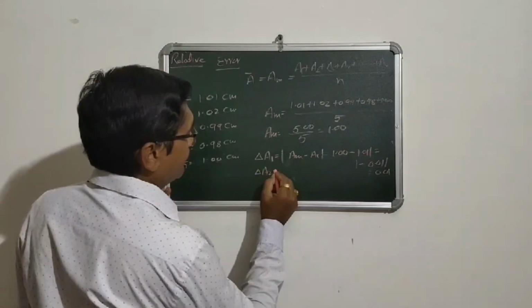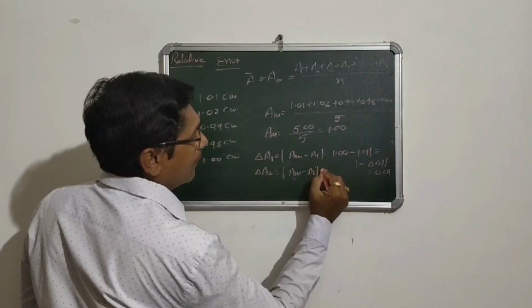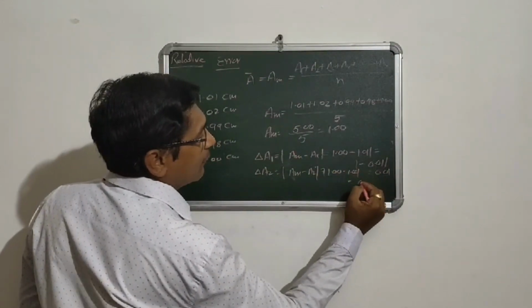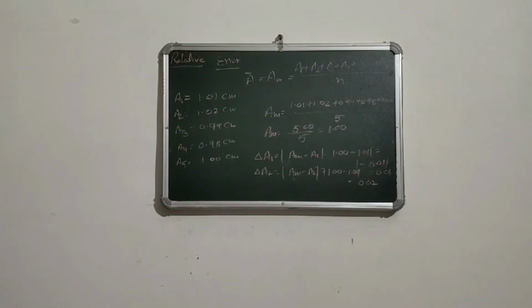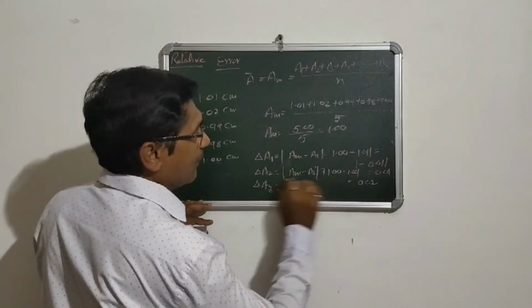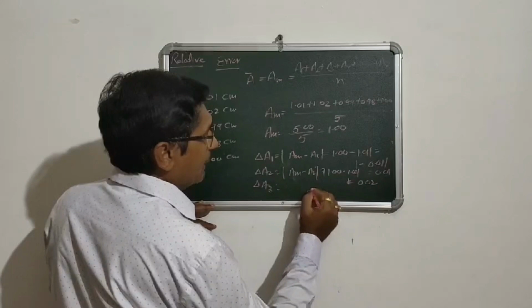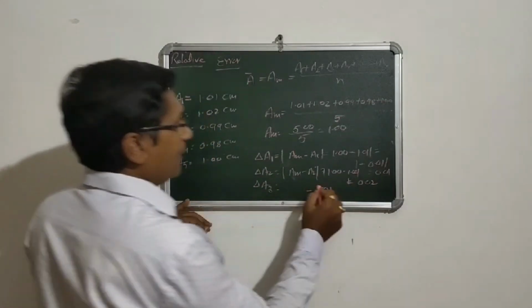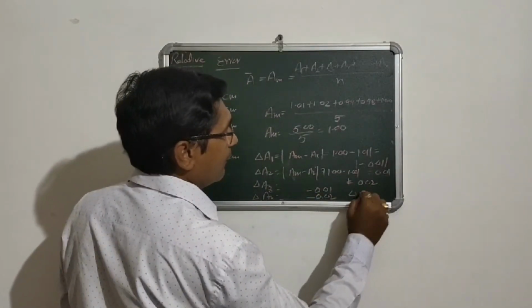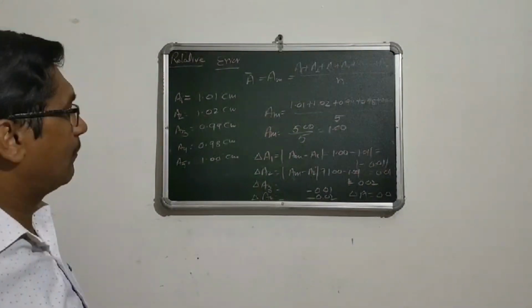Similarly, delta A2 is 1.00 minus 1.02, equal to 0.02. Similarly, delta A3 is 0.01, for A4 it is 0.02, and for A5 it is 0. Clear?